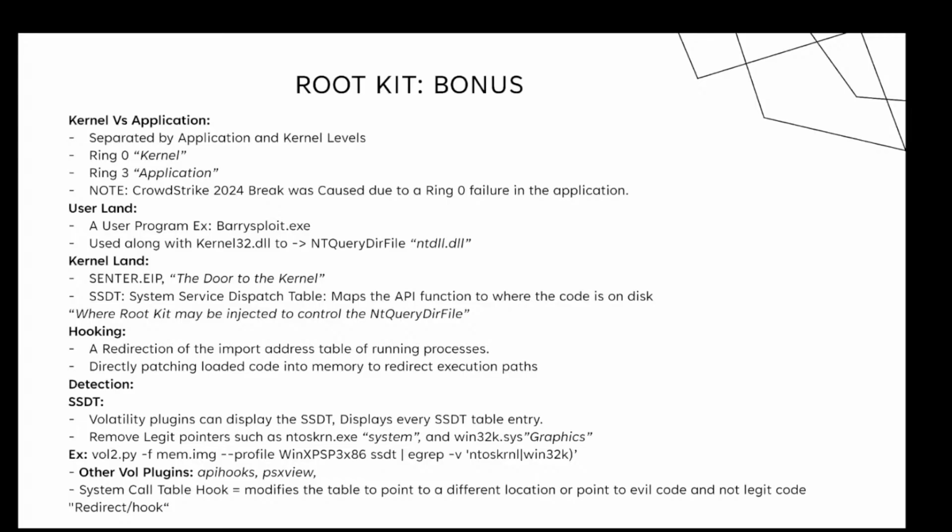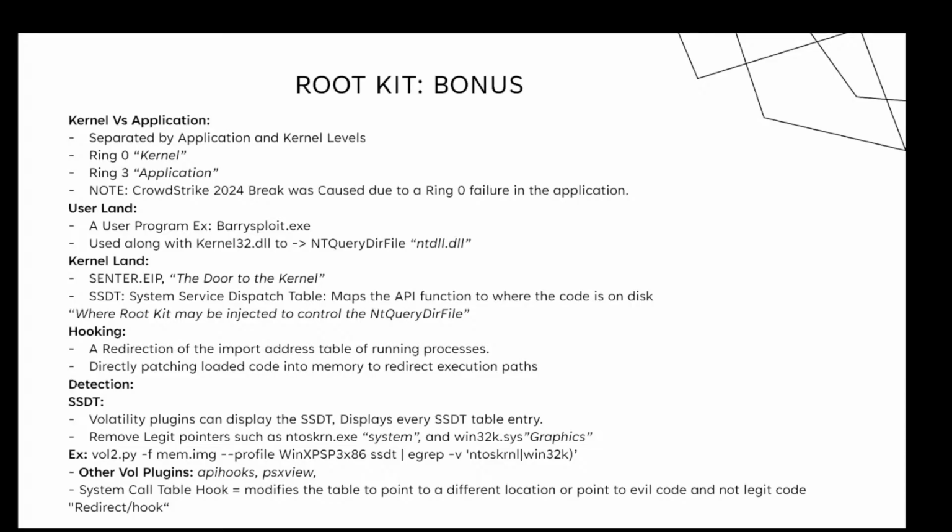You've got various exploit.exe used along with kernel32.dll and NtQueryDirectoryFile. So userland is how you get into Ring 0, and then kernel land is the gateway of how everything interacts with exes and how it calls everything.